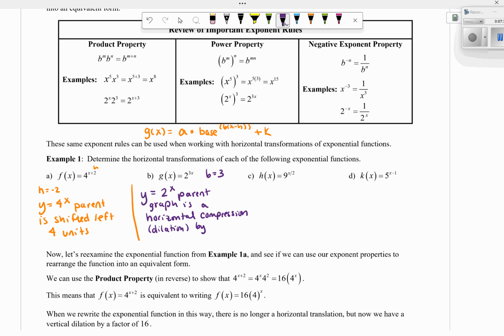So looking at C then, our b value, because this is x divided by 2, would be 1/2.